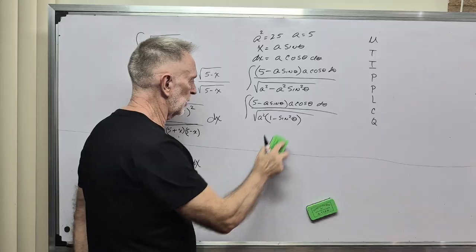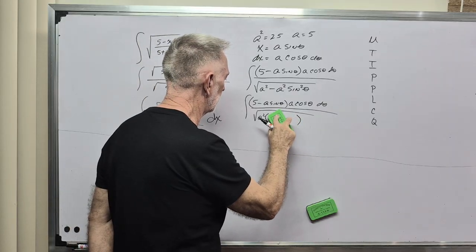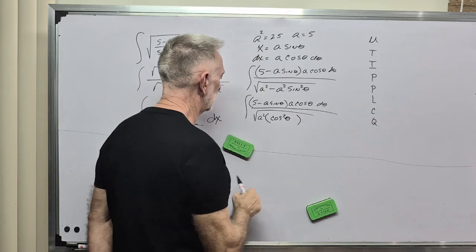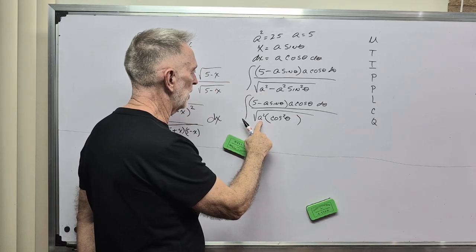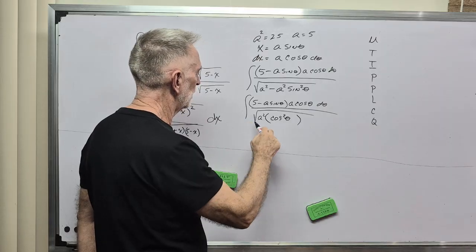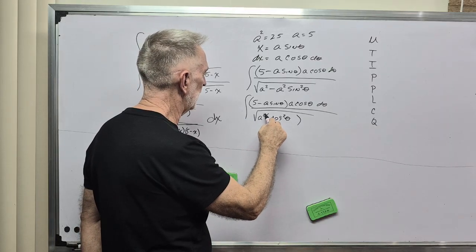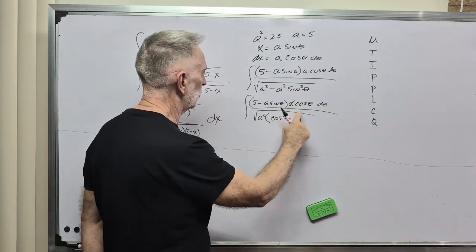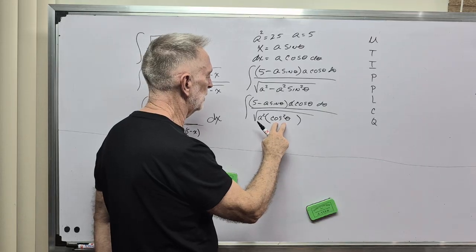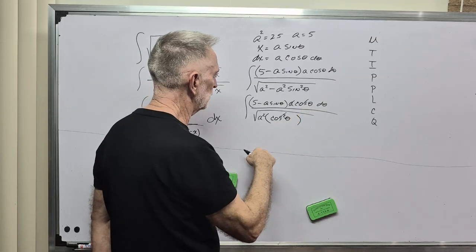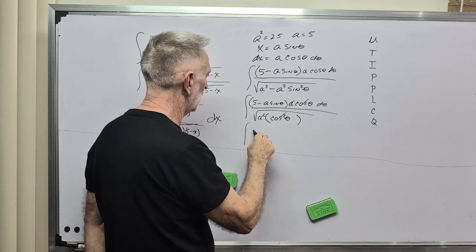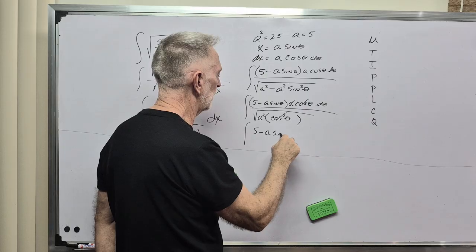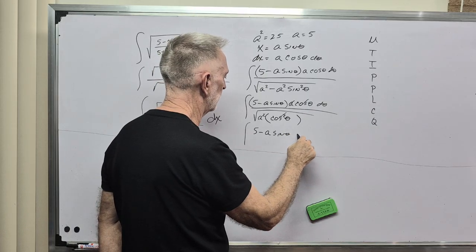It's cosine squared. The square root of a squared is a, so the a's cancel, and the square root of cosine squared is cosine, so that cancels as well. I'm left with the integral of 5 minus a sine theta d theta.